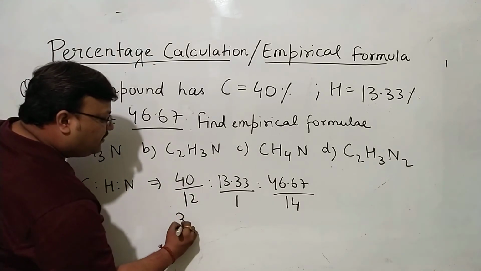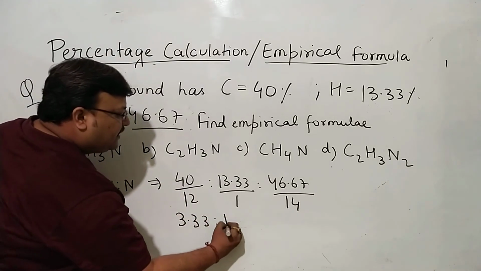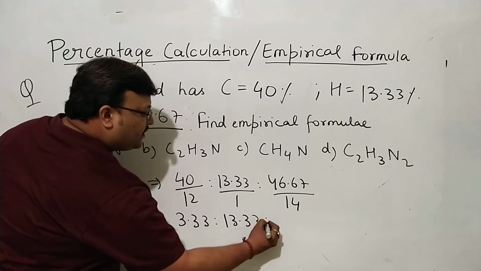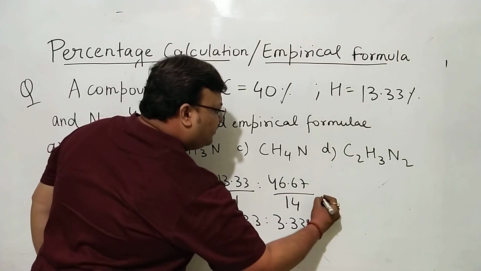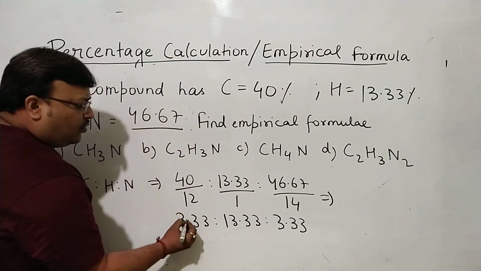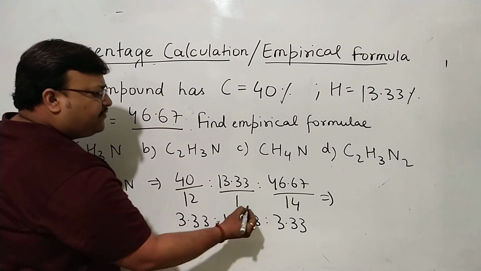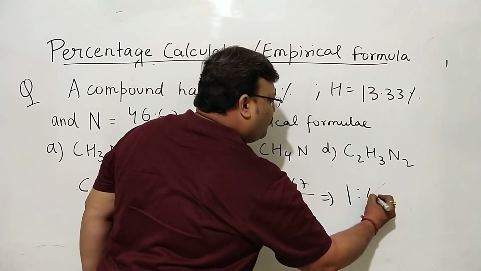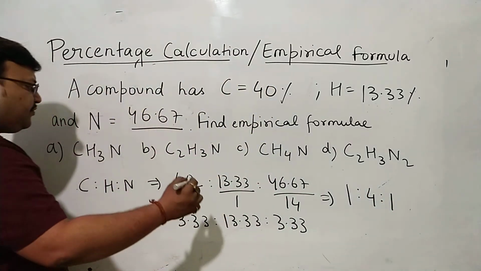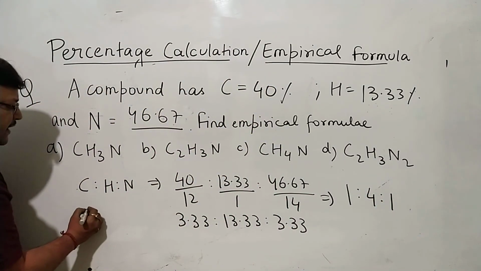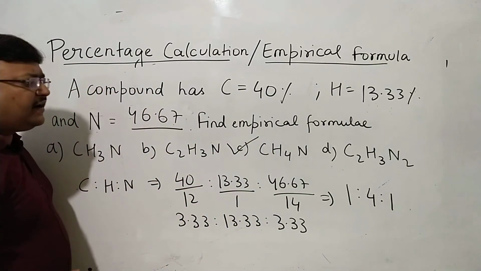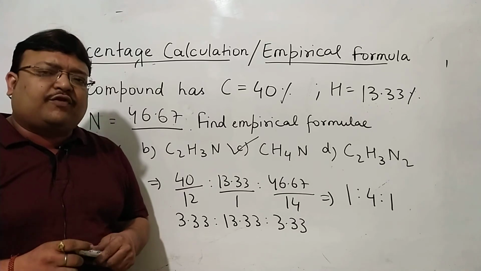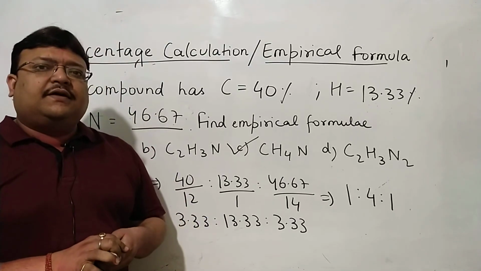This was 3.33 to 13.33 to 3.33 again, and this will give me a ratio 1 to 4 to 1. So if it's 1 to 4 to 1, naturally CH4N, option C, looks like the correct answer to this question. I hope you would have got this question right as well.